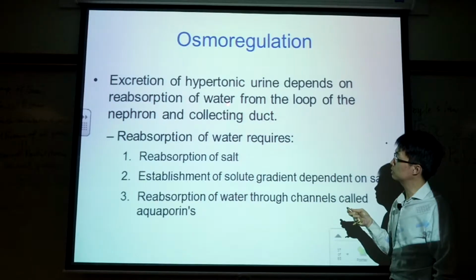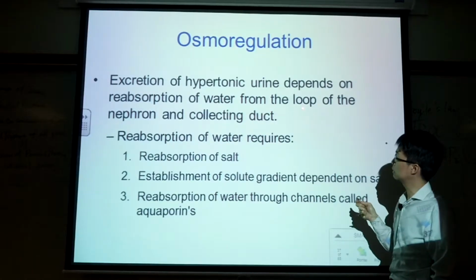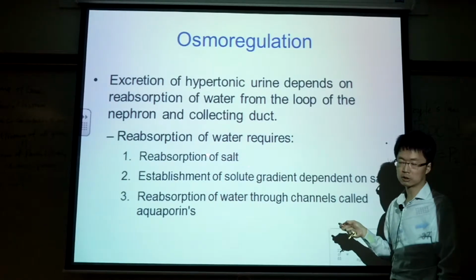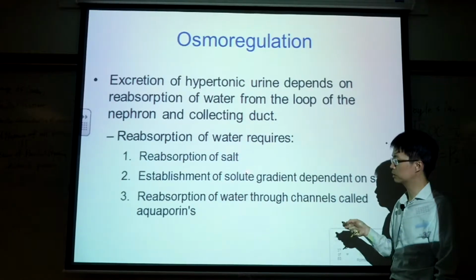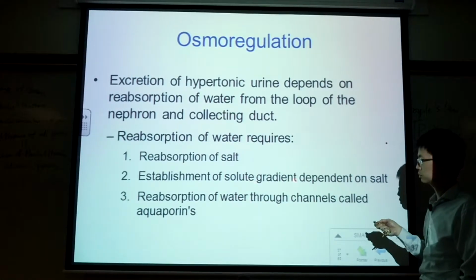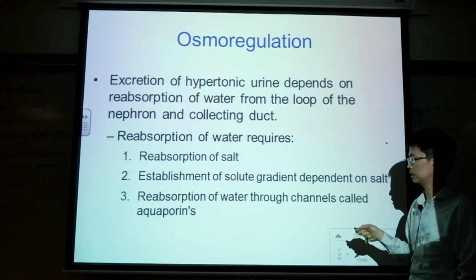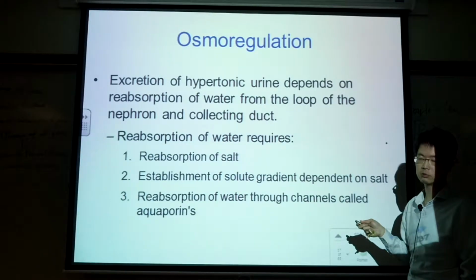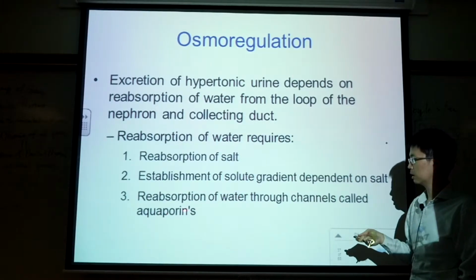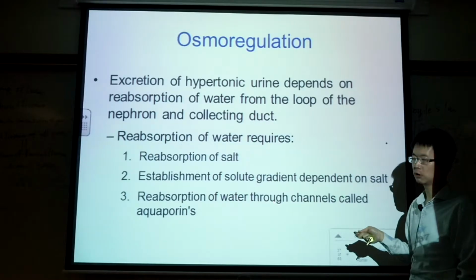The concentration is mainly controlled by the loop of Henle. Reabsorption of water requires the reabsorption of the salt. I already told you that repeatedly. That's the major mechanism. And also you have to establish a solute gradient. The gradient of salt, I will show you how you establish a gradient of salt in the loop of Henle. And then water is being reabsorbed by osmosis.